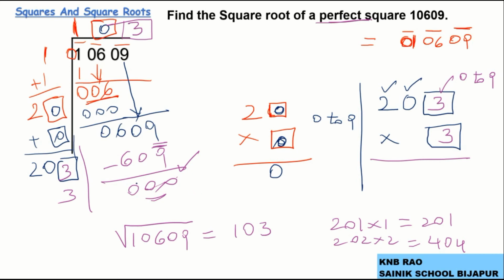How to cross check? If I add this digit to the previous divisor, that new divisor should be double what we have got as a square root. This is how we find the square root of a number even if it is in odd number of digits.